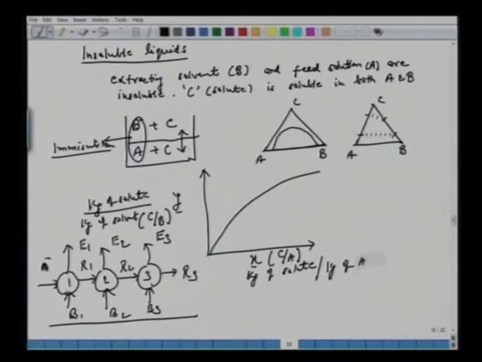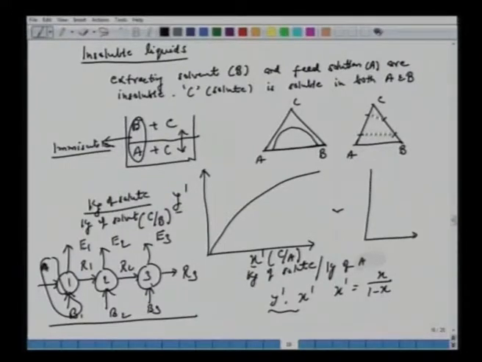Now since A and B are insoluble, you should also appreciate that instead of working on y and x, one can work on y dash and x dash. In other words, it's better to work on x over 1 minus x. So here maybe C over A, or y versus x, if we write x as C over A plus C, and y as C over B plus C, alright.